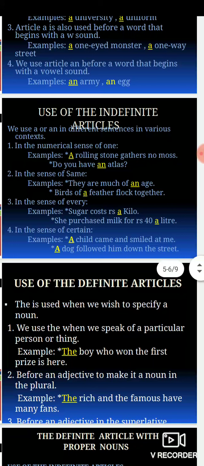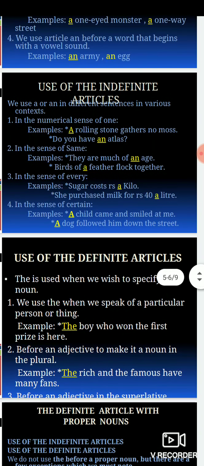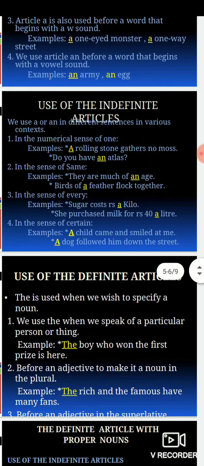Uses of the indefinite articles. We use a or an in different sentences in various contexts. So we will now learn how to use indefinite articles. Where do we use them?